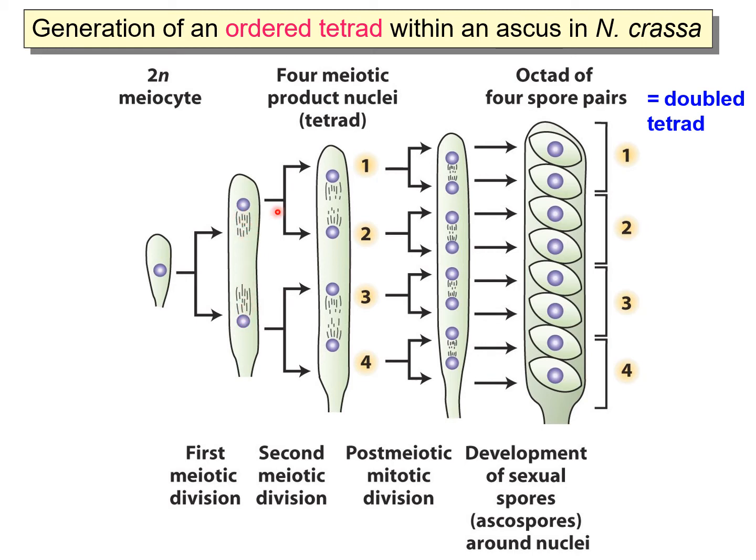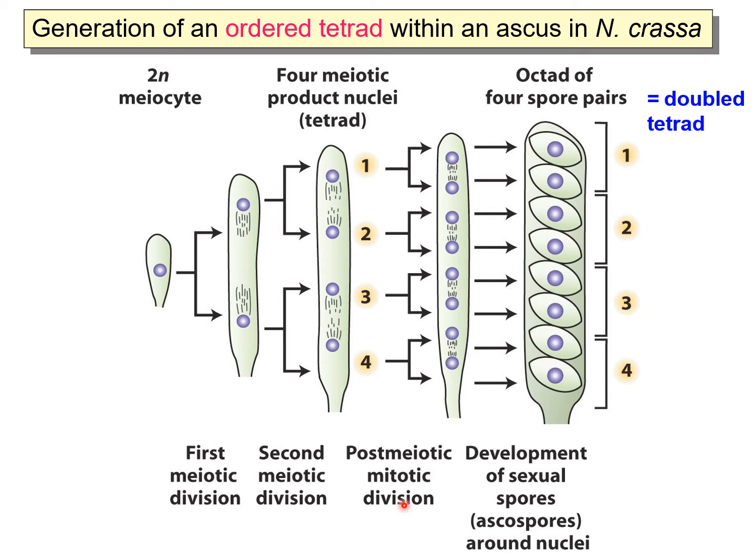Again it undergoes the second meiotic division. It results in formation of two more nuclei, and this is nothing but the tetrad, as there are four nuclei present. Now each of these nuclei undergoes further mitotic division.